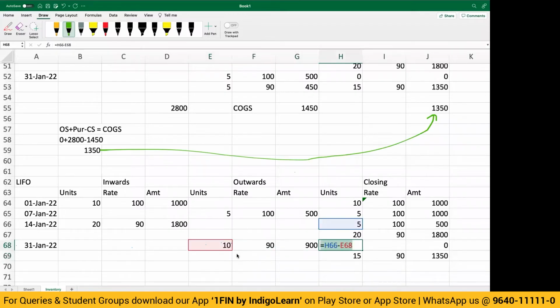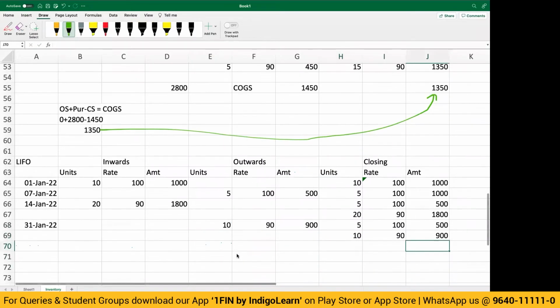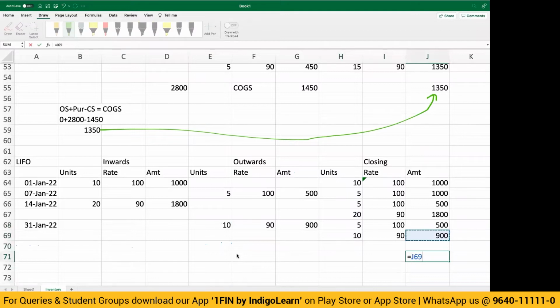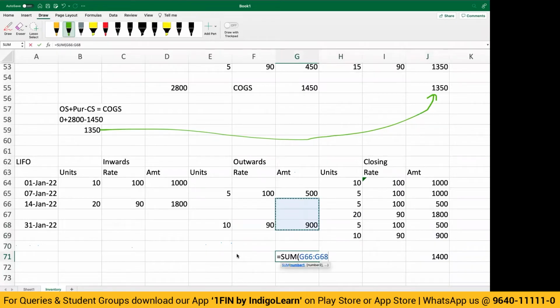Your closing inventory will be 5 of this at 100, which is 500, and this will be 20 minus 10, 900. So your closing inventory will be 900 plus 500, 1400. Your cost of goods sold coincidentally is also 1400, and your total purchases is 2800.